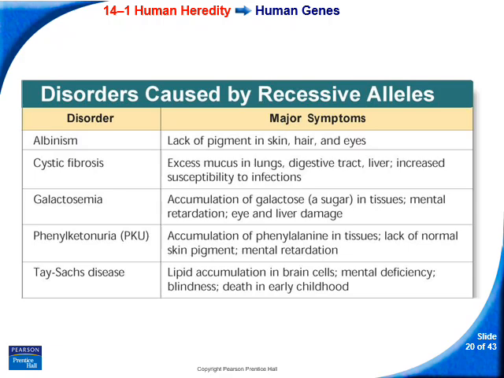Cystic fibrosis, which is accumulation of excess mucus in the lungs, in the digestive tract, in the liver, and increased susceptibility to infection, is pretty much because of the absence of the correct CFTR gene. What cystic fibrotic people have is a faulty CFTR gene, and it's only a very small fault, but yet it will already be a syndrome.